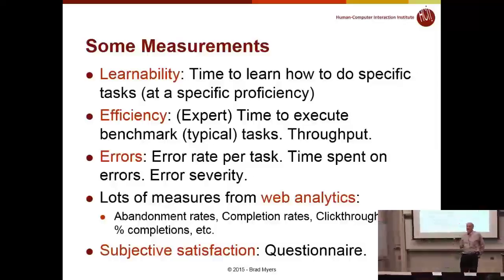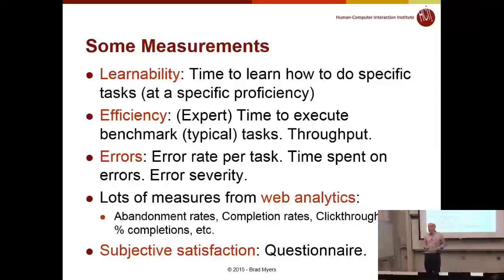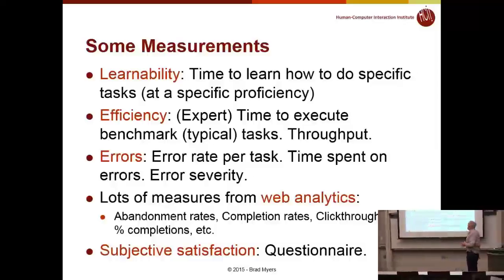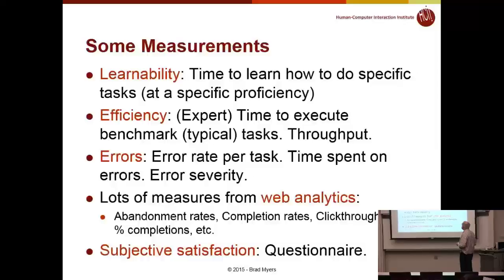For learnability, you could count the number of times that they have to look at the help system, or count the duration of time it takes from when they start to where they succeed at each task, right? Or you can measure how many tasks they succeed in doing. So all of these can be measures of learnability. You might also be interested in efficiency for experts or for people who are no longer novices.